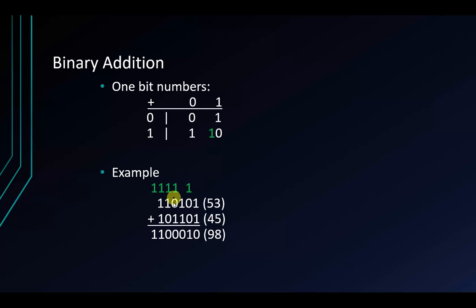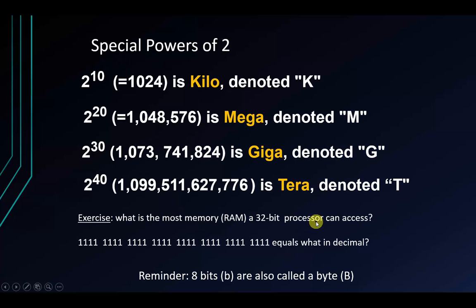We have the 1 and the 1 is a 0, another carry bit, and so on until we get the full binary answer, which translates to a decimal of 98. Now realistically, we're not going to be doing much addition in binary.